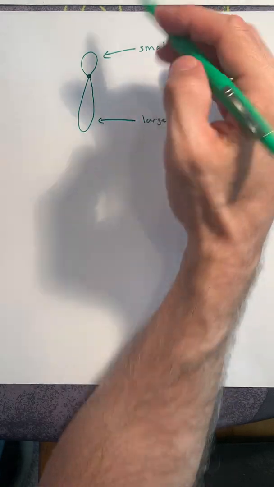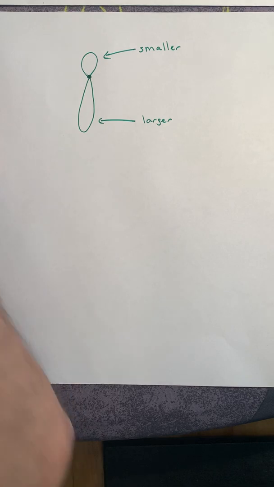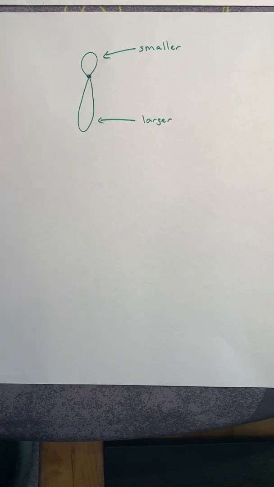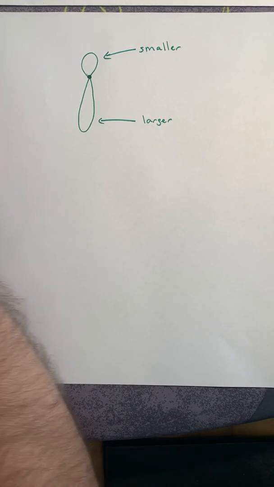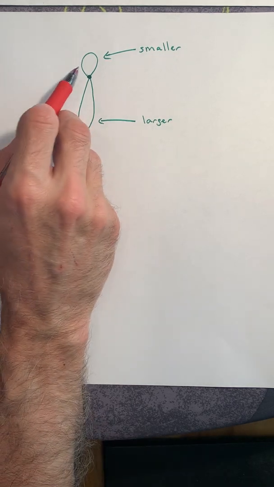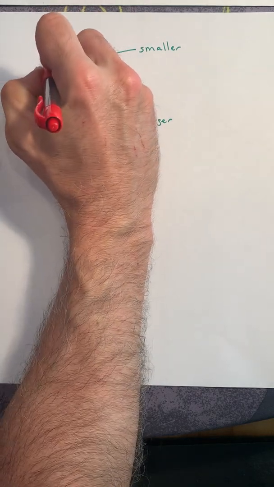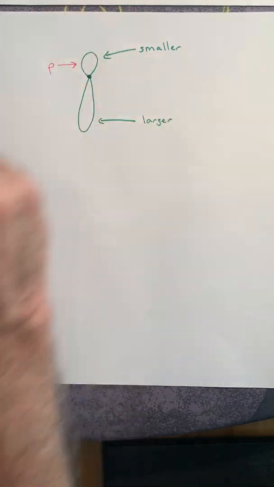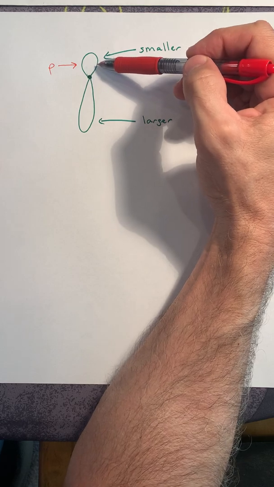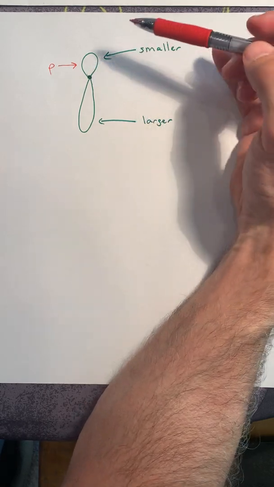The first scientists that discovered this were French, and so since they were French, they used the French word for small. They used the term petite. Since this is the petite chromatid, we refer to it as the P chromatid. Why? Because it's petite. It's French for small, right?